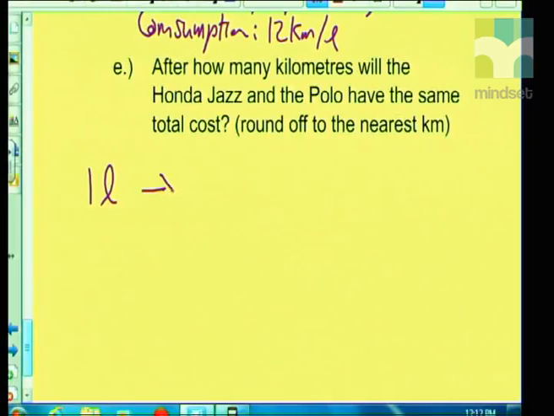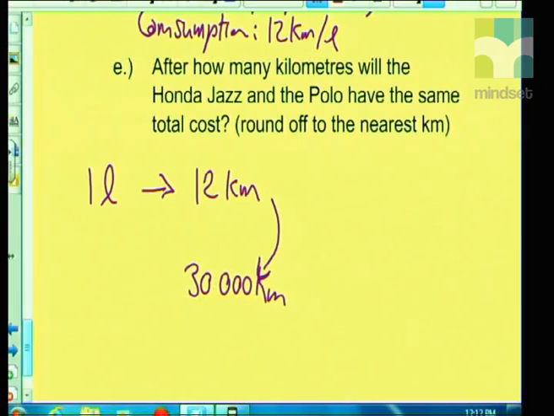We'll say 1 litre is equivalent to 12 kilometers. So what we don't want is 12 kilometers, we want 30,000 kilometers. So what did I do to this 12 to get it to 30,000? Well, I need to multiply it by something. I first of all divided it by 12 and then multiplied by 30,000.